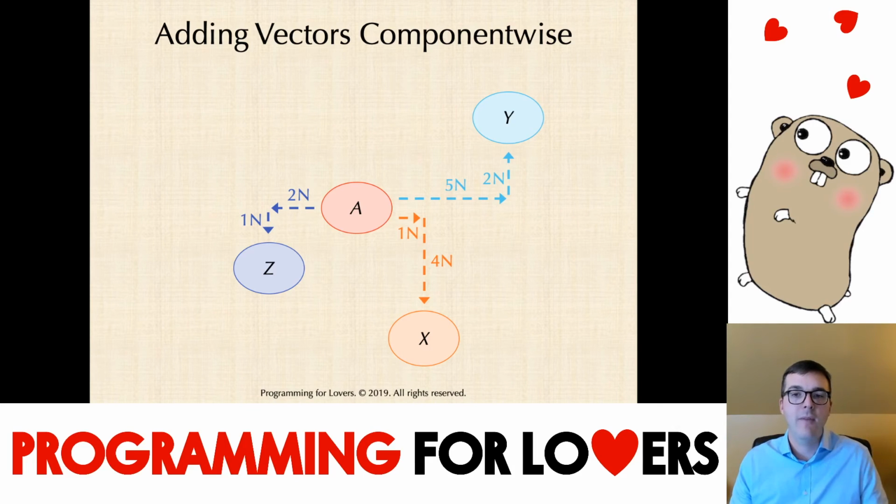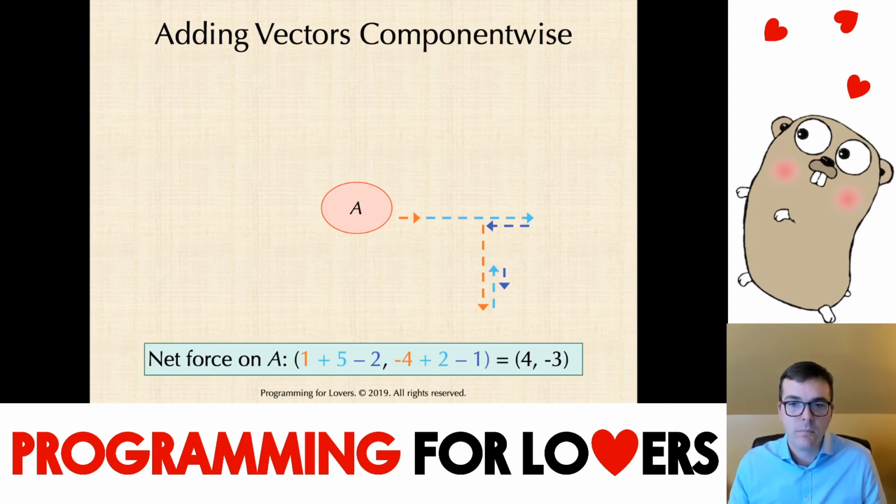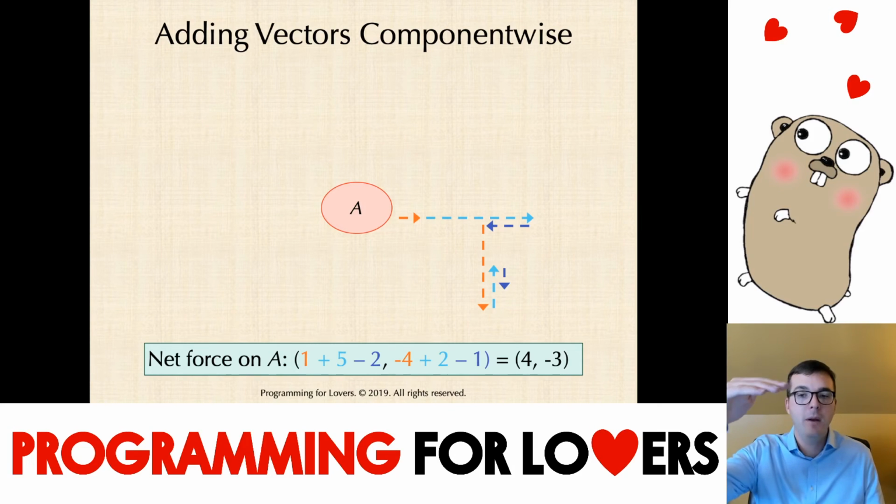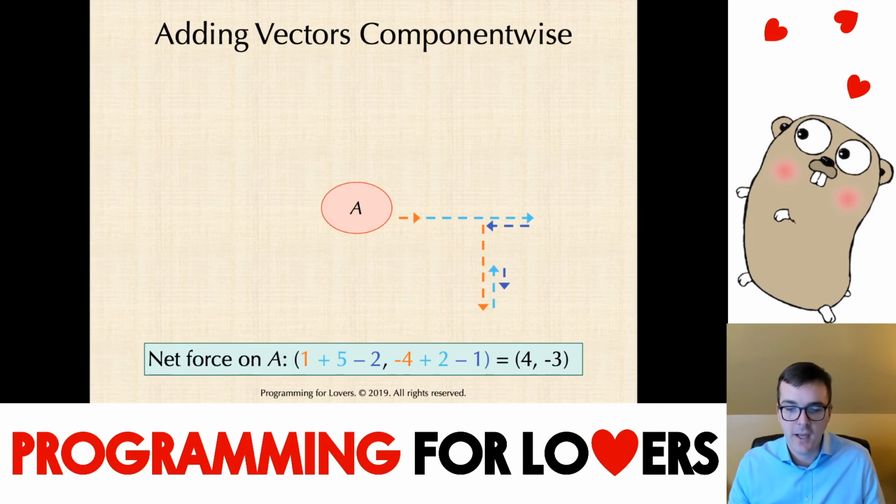So it's just a matter of adding 1 plus 5 minus 2. The same goes for the y component. The y components were 4 units down, 2 units up, and 1 unit down. And so minus 4 plus 2 minus 1 gives us a negative 3.